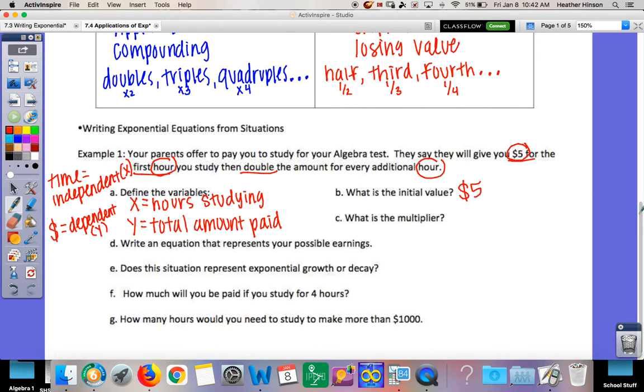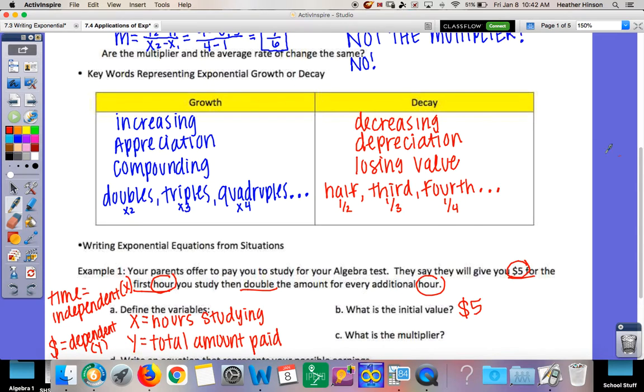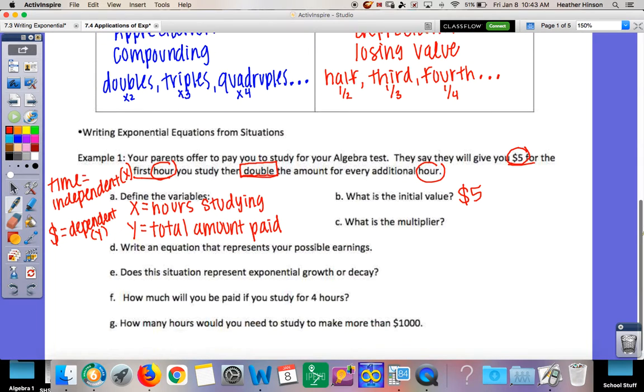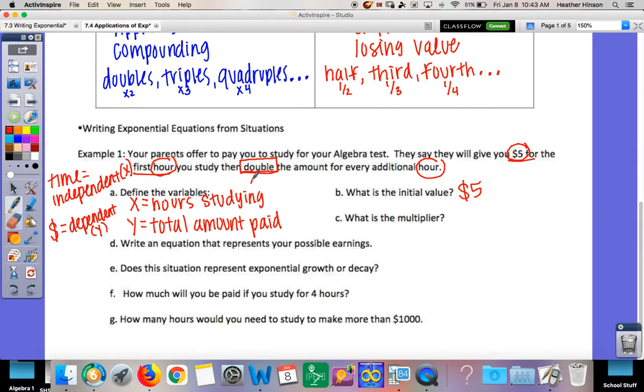For that, you want to look for your exponential growth and decay words. Which one of these words in this chart do you see in your problem? Right, doubles. They're doubling the amount every additional hour. So doubles, that just means you're multiplying by 2. So your multiplier is 2.